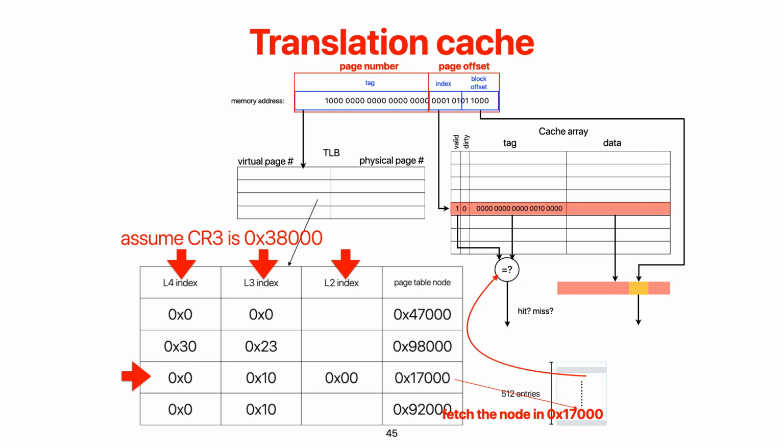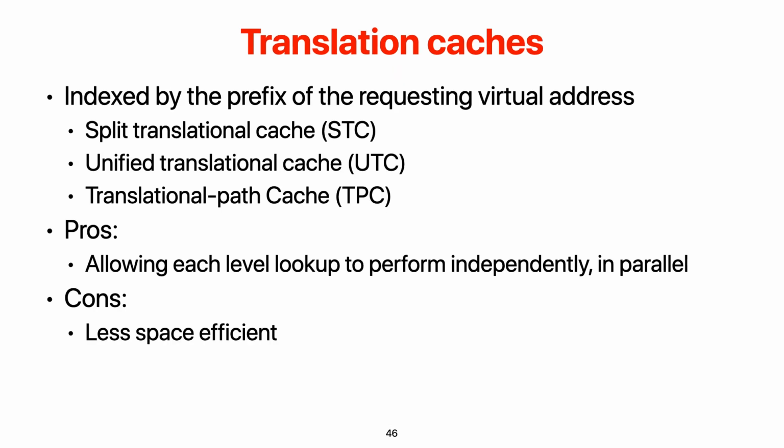And remember, in the previous page table cache example, we needed 3 cache visits to reach the node. So you can imagine the translation cache is more efficient in this way. However, the efficiency comes from the fact that we are spending more space on transistors, which gives us higher costs in hardware manufacturing.